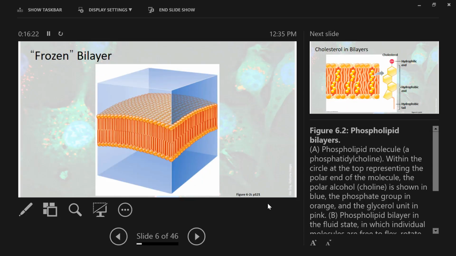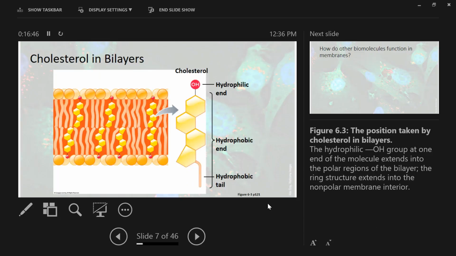And so here's what it would look like if it were completely solid. Notice the fatty acid tails are not waving, they're not moving around at all. So now you have something where it used to be really hard to get material through it, and now it's virtually impossible. On top of that, the cell is very static, can't move, and is very inflexible. And here's the membrane with our cholesterol sprinkled in.